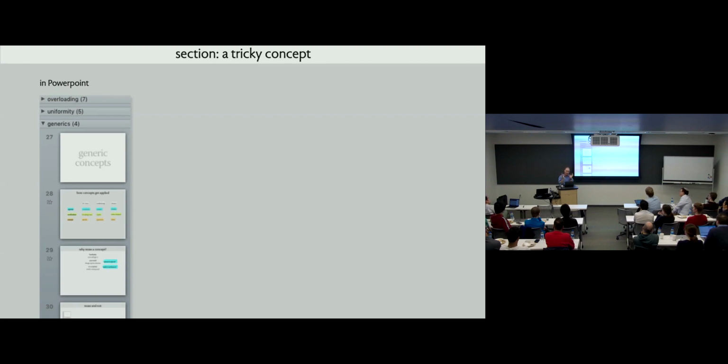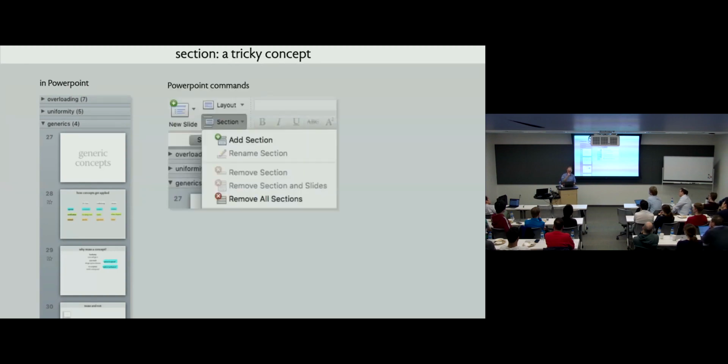Unfortunately, you can only do it at one level. So you can't have sections inside sections. You can't have subsections. But worse than that, if you actually look at the menu for manipulating sections, it's sort of obvious what operations you're going to get, things like add section, but it's not at all clear what that's going to do.